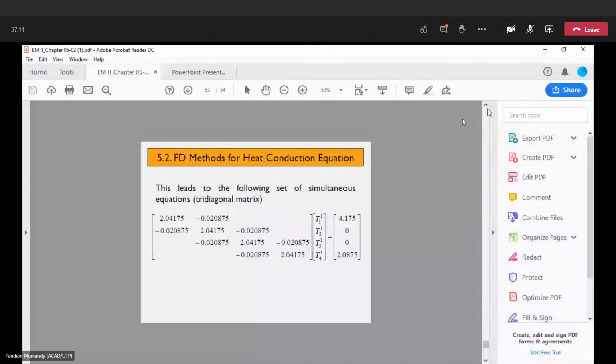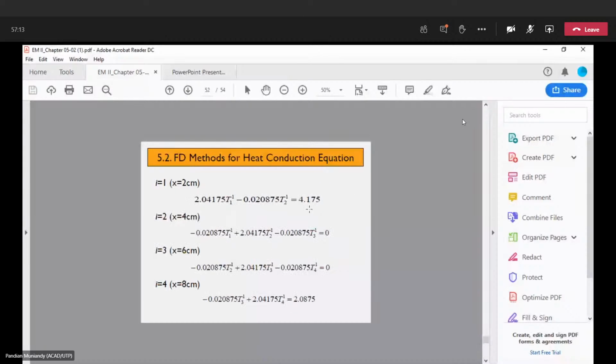T11 equals 4.175 plus 0.020875 T12. But the T12 now is 0.02091, changed, divided by 2.04175. This is new now. Now we are in iteration 2.